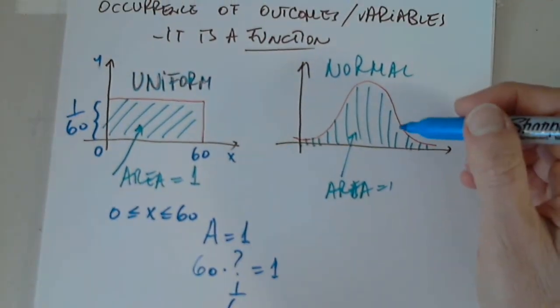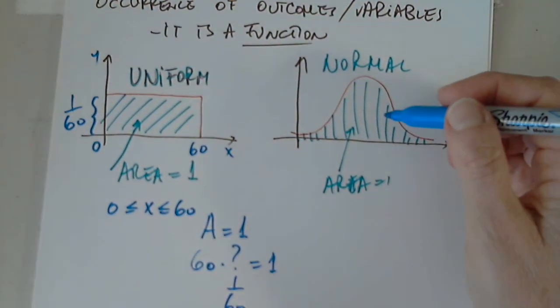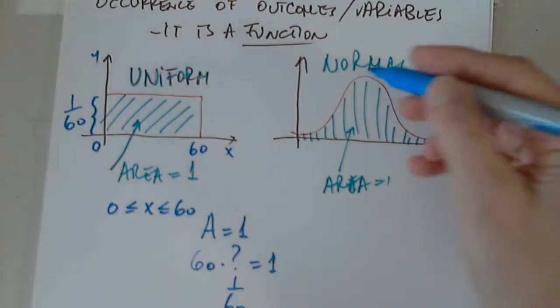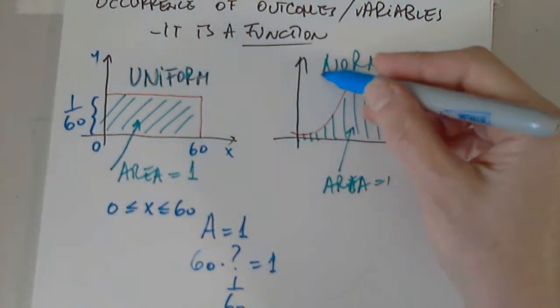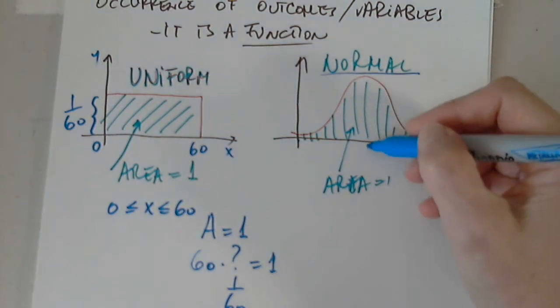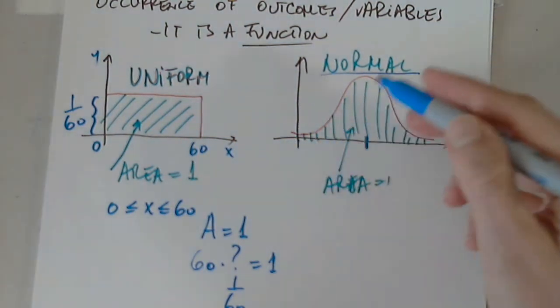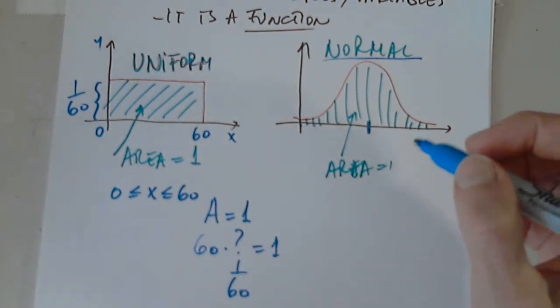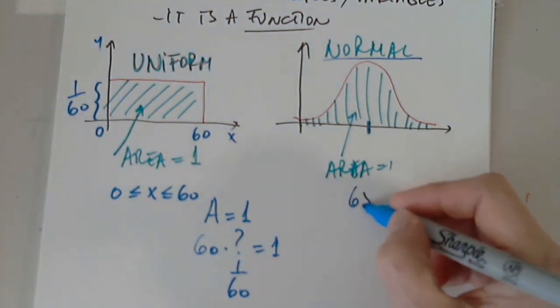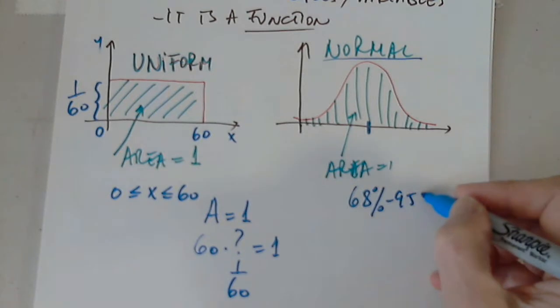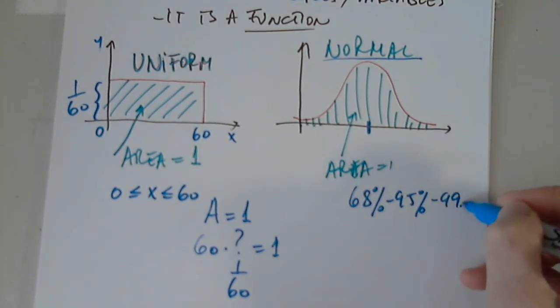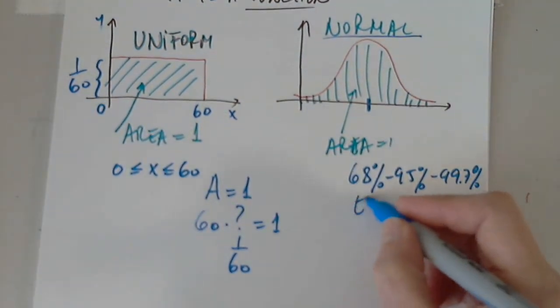What about this one? The same idea. However, this is a normal random variable. It has the mean right here in the middle. And because it's bell-shaped, if you remember, we have the 68%, 95%, and 99.7% empirical rule here.